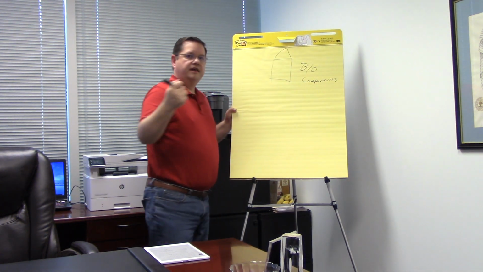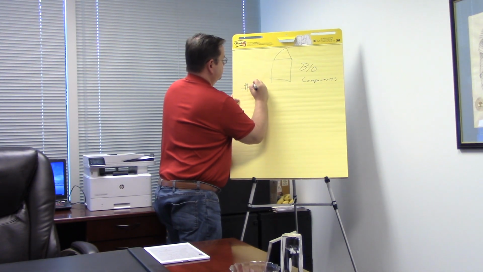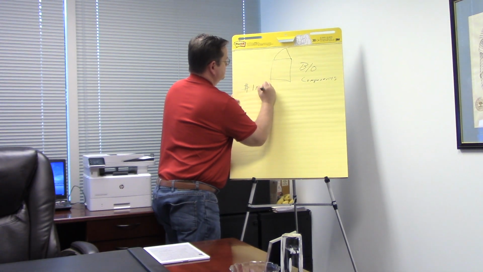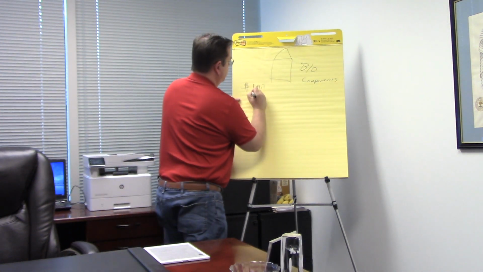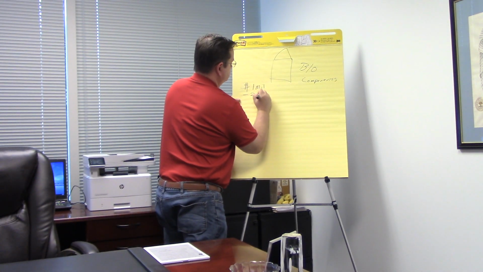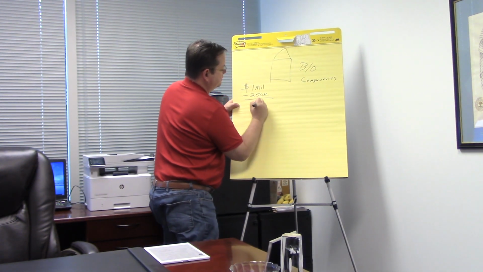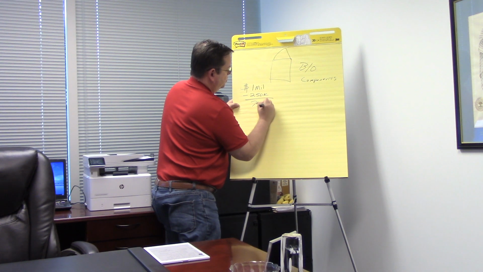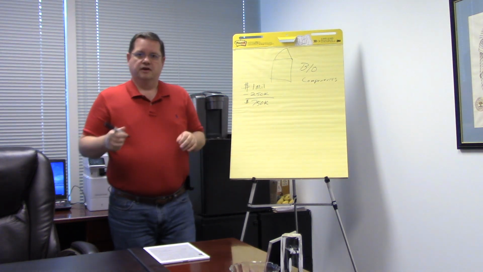So let's just say that we bought this building for $1 million. Now, we're going to have some land with that building. Let's just call that $250,000. That's going to leave us with a depreciable basis of $750,000.